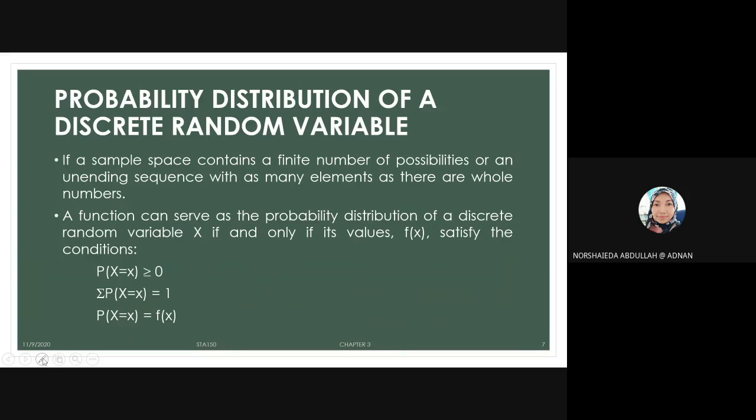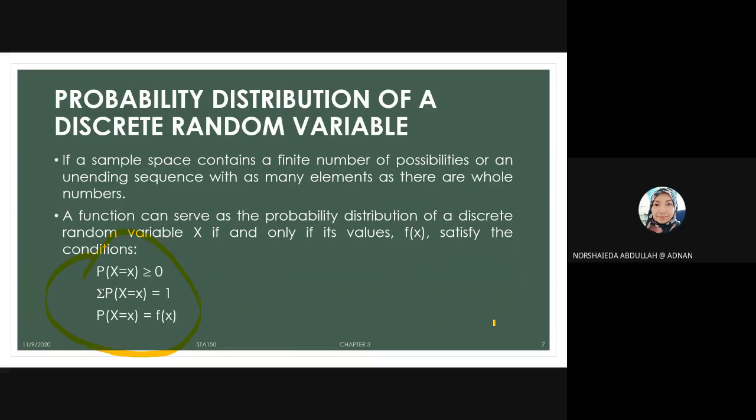Okay, so a discrete probability distribution function will meet all these properties. So these are the properties of a discrete random variable or discrete probability distribution function.